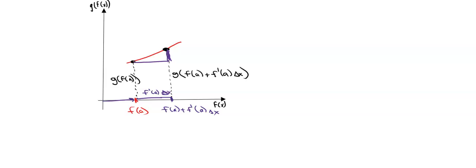And just like up above, that change in output right here, that change in g is approximately that second output, this vertical length, which is this mouthful of g of f of a plus f prime of a times delta x, minus the first output quantity here of g of f of a. So we'll subtract g of f of a.